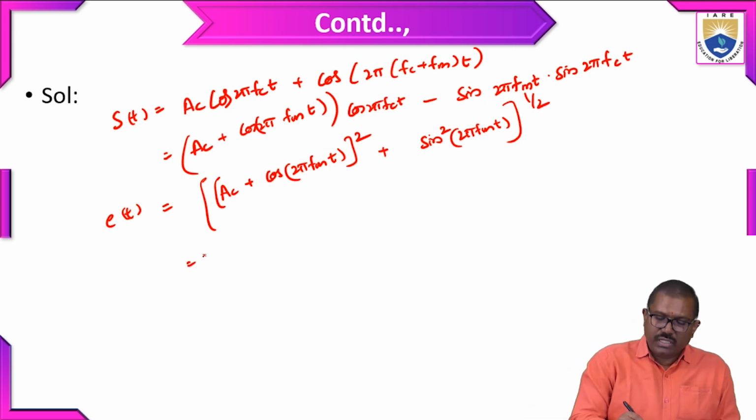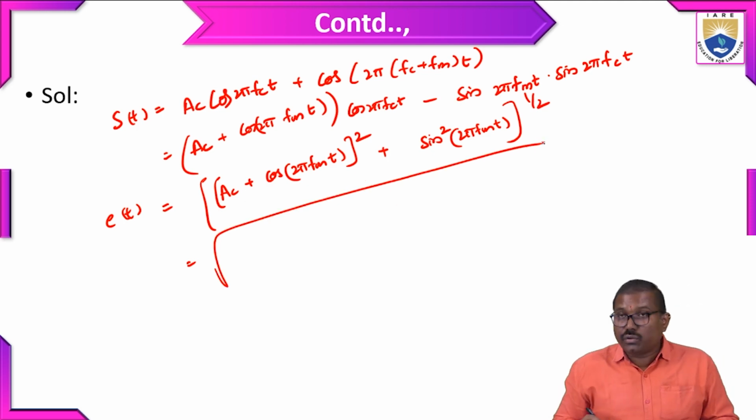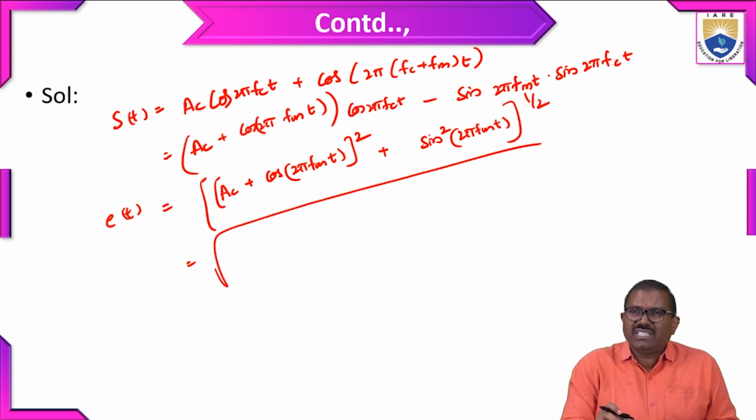So here (A plus B) whole square, again in the square root, this is the whole square root. So for the first one, the (A plus B) whole square formula you can apply. That is A square plus B square plus 2AB. And another one is the sine square term.